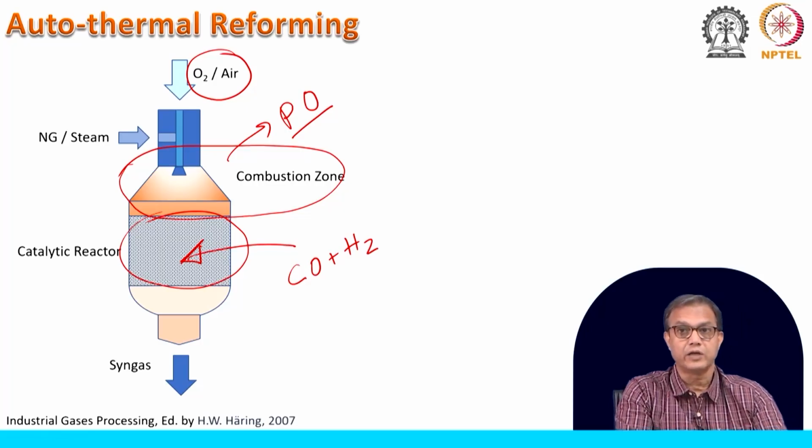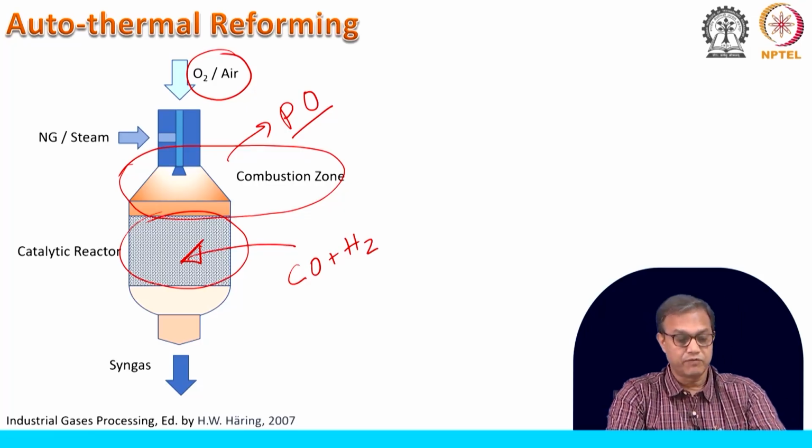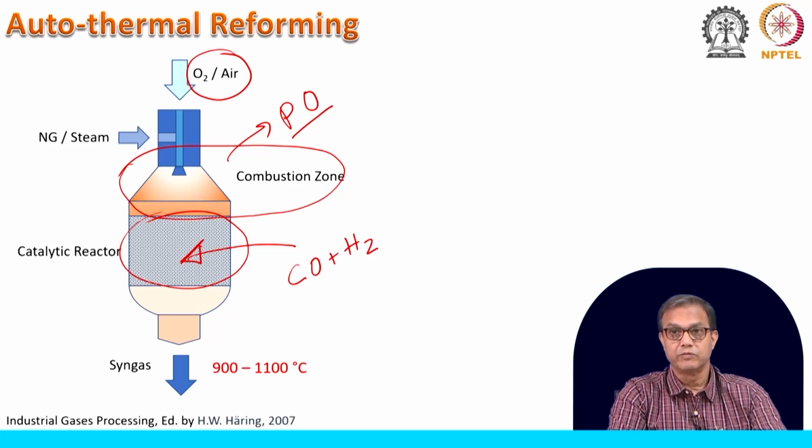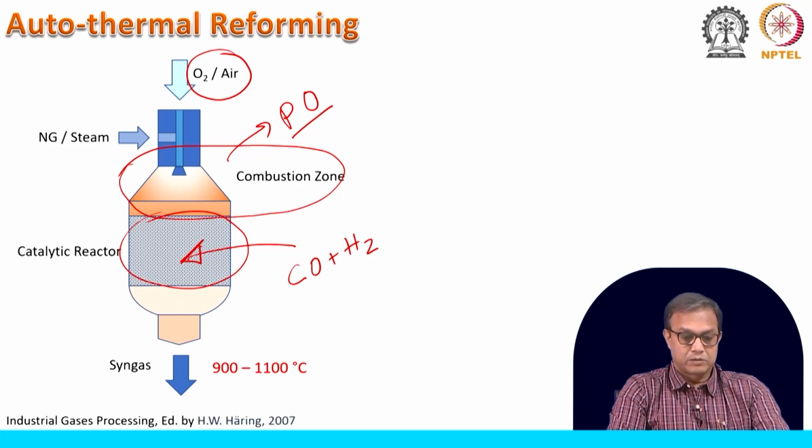Since we are not adding any heat from outside, you will find that the resulting temperature will be something like 900 to 1100. So, that is about these three processes.